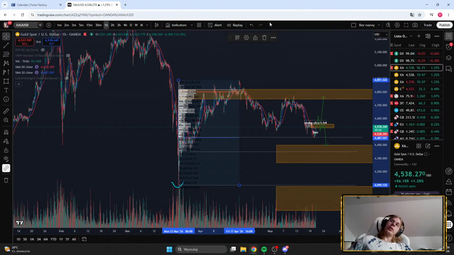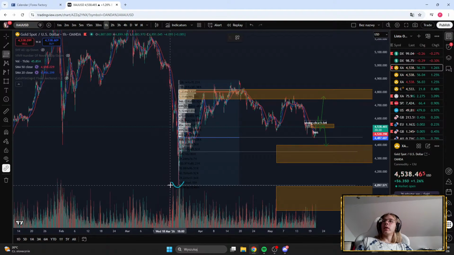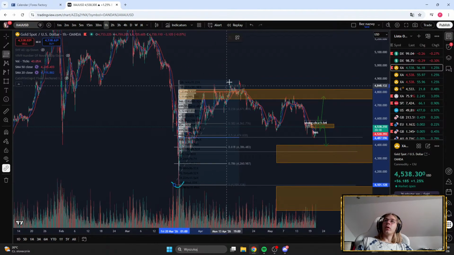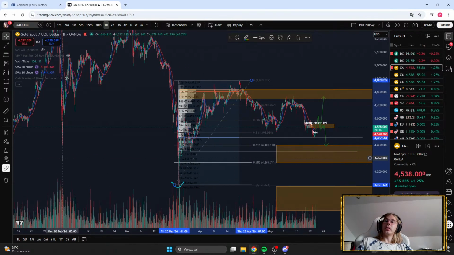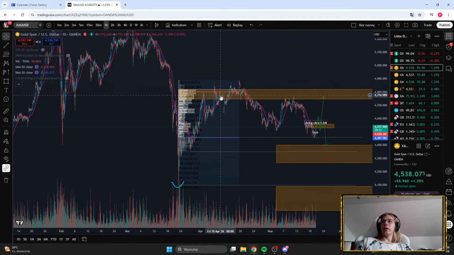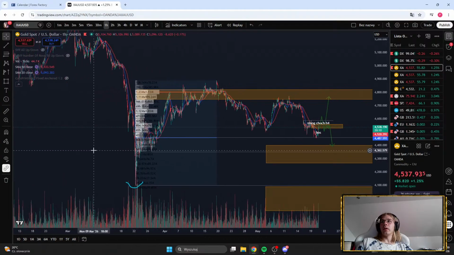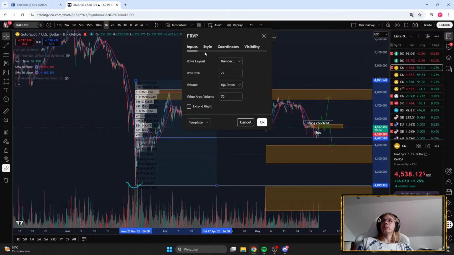You're doing your fixed volume range same as fib levels, from low to the high, and there's your numbers. Fixed volume range. I have something like that. You can make a screenshot.